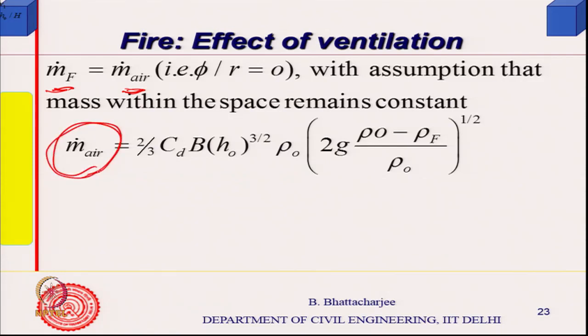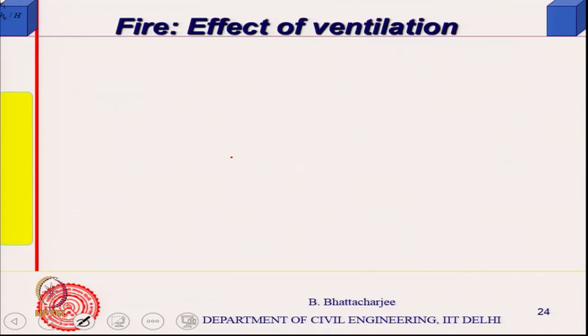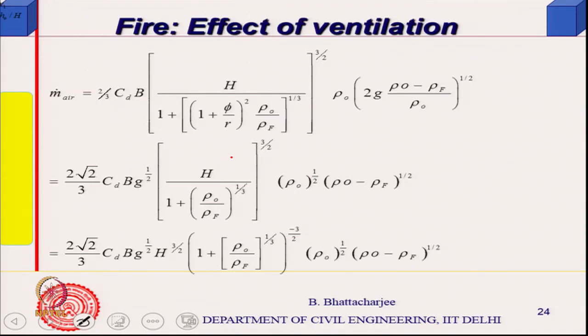So, the rate of oxygen coming in I can calculate, which was given in terms of H0, and this expression was already available to us. Now, I put H0 in terms of capital H, because H0 was available in terms of capital H. So, I get an expression for m dot air in terms of H to the power 3/2 and B. Rest of the things are constant values.